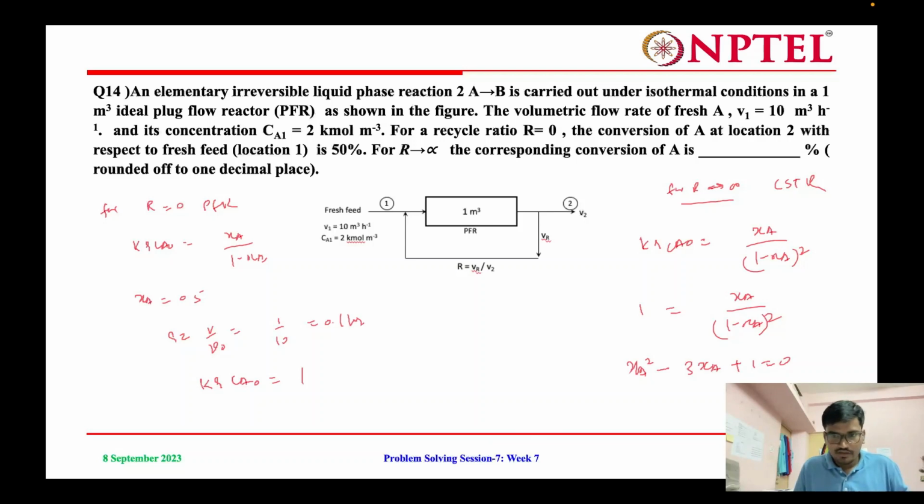Now to solve this equation, XA equals minus b plus or minus the square root of b squared minus 4ac, divided by twice a. Here that is 3 plus or minus the square root of 3 squared minus 4 times 1 times 1, divided by 2.